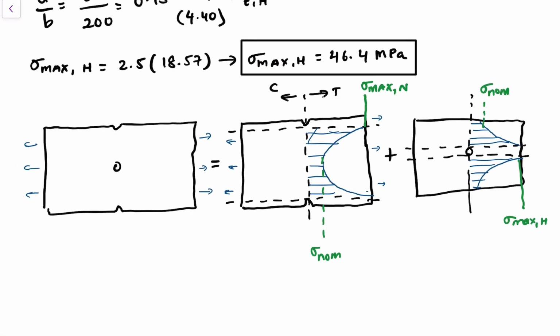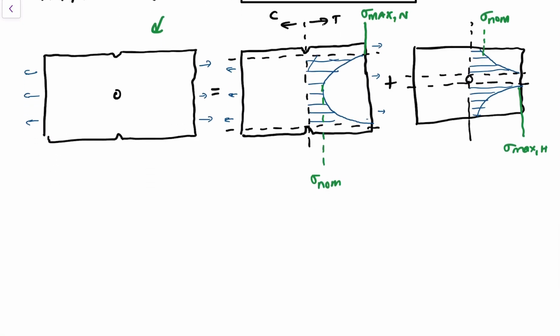Now, what does it look like when I combine these two stress distributions onto this guy right here? They will overlap. If the hole and the notches are close enough, these will overlap, and the stress concentration factors that we use to calculate them will not be applicable anymore. So if this was close enough, right?